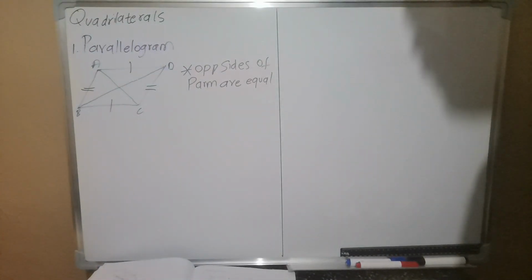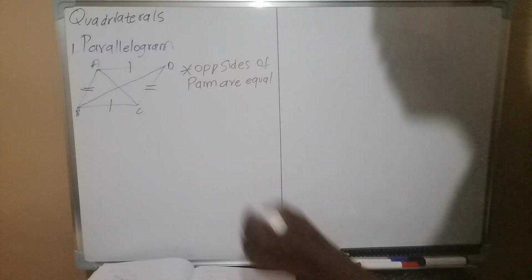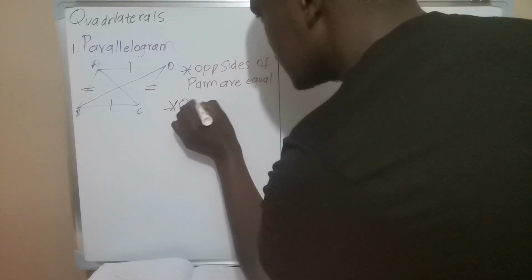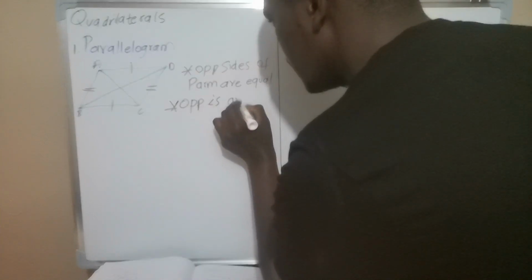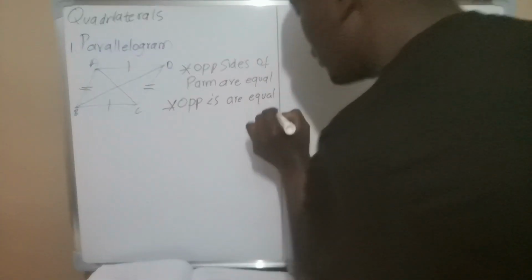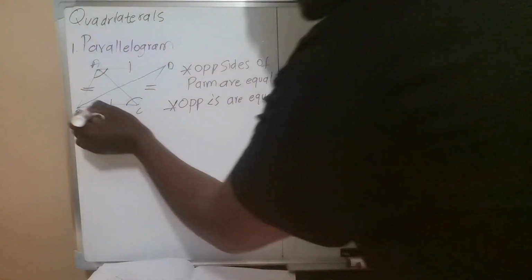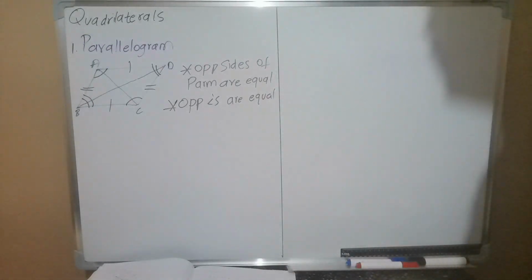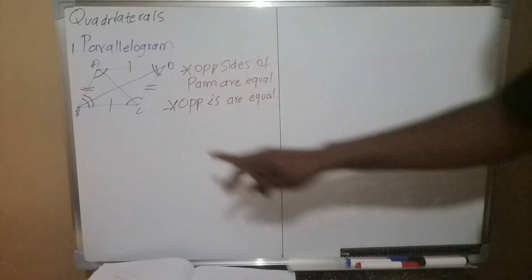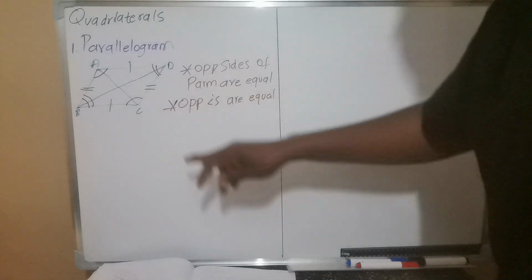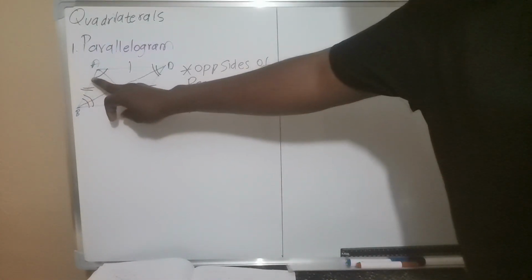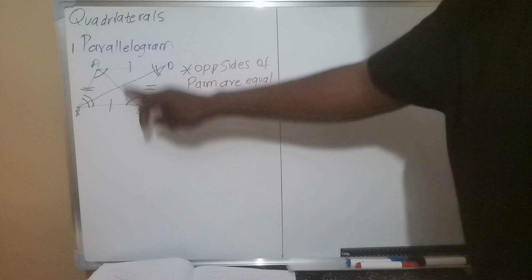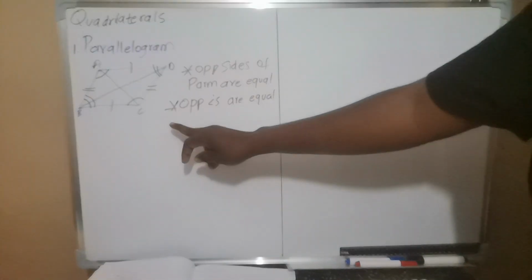The second one that you might prove: opposite angles are equal. That means angle A is equal to angle C, and angle B is equal to angle D. Now again, look at the arrows that we have shown on angle A. You only have one arrow here, and on C you have only one arrow.